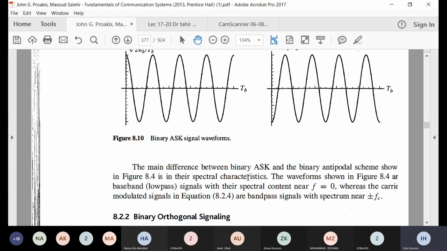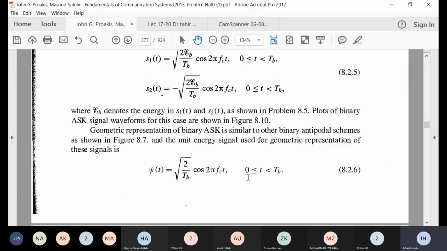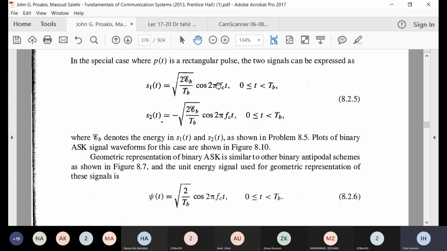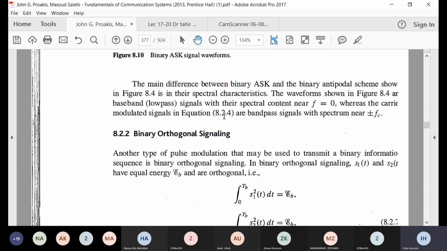So you will ask that if their vector projection is the same, then what is the difference? The difference is that our orthonormal basis is changed because you have 2 pi FC. Alright, so the spectrum of your signals is actually changed. It has been modulated to FC frequency.